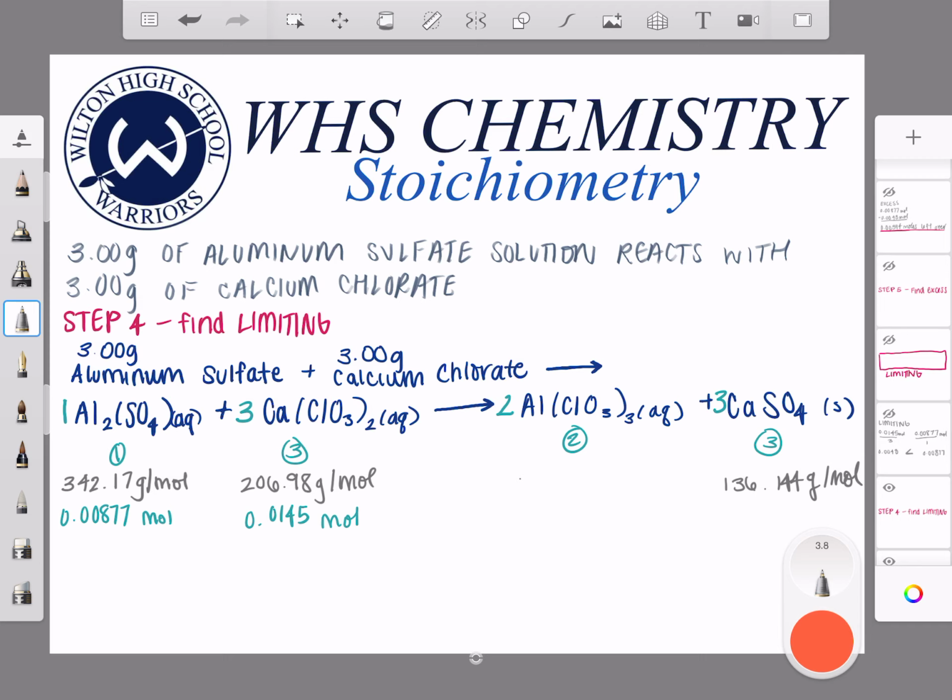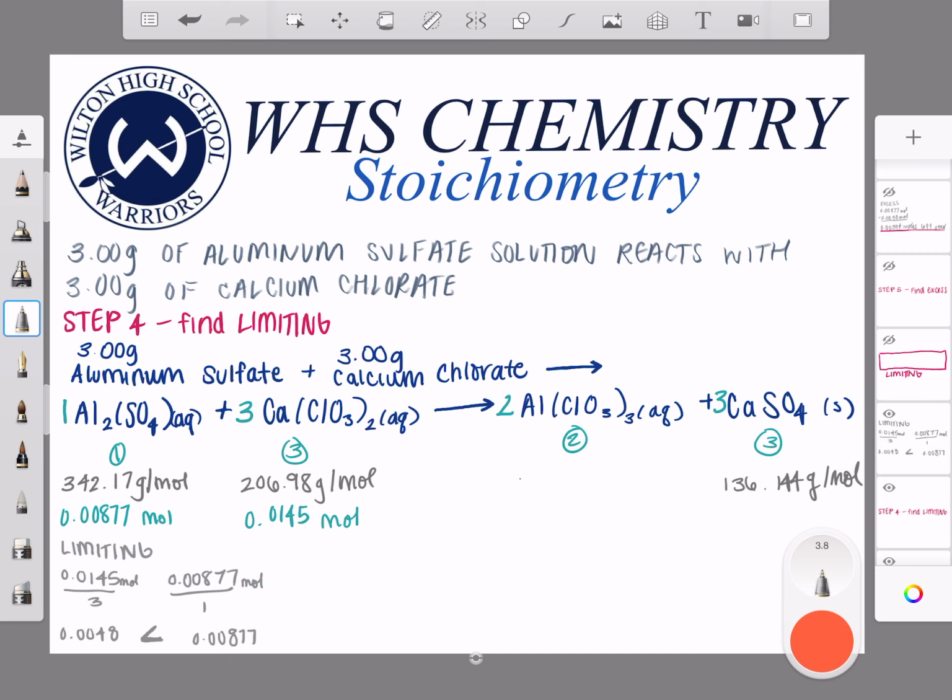In order to find our limiting reactant, we need to compare the mole values of aluminum sulfate and calcium chlorate with their corresponding mole ratios. Here we've written out the mole values of each with respect to their mole ratio.